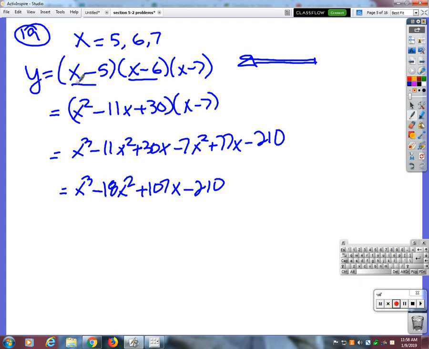Inside is negative 5x, outside is negative 6x, so that combines to be negative 11x. And then last times last is positive 30. Then I multiplied each one of these terms by x, so that changed it to x cubed minus 11x squared plus 30x. Then I multiplied each one by negative 7, and then I combined those like terms and got my final answer. But this is totally fine. This would be for extra credit, to get it all the way to that. Yeah, that's an arrow. It's the worst arrow I've ever drawn in my life, but yes, it's an arrow.